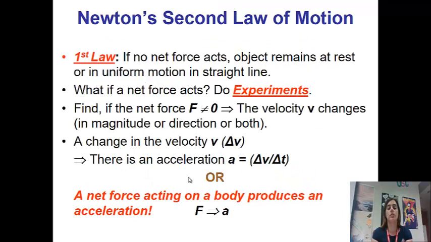Okay, Newton's first law, again, object in motion tends to stay in motion, object at rest tends to stay at rest. So that means that you need a force in order to change the motion of an object. And so the question becomes, how does the change of the motion and the force relate? We can find this by doing experiments. We find that the acceleration of an object and the force applied to it are directly proportional.